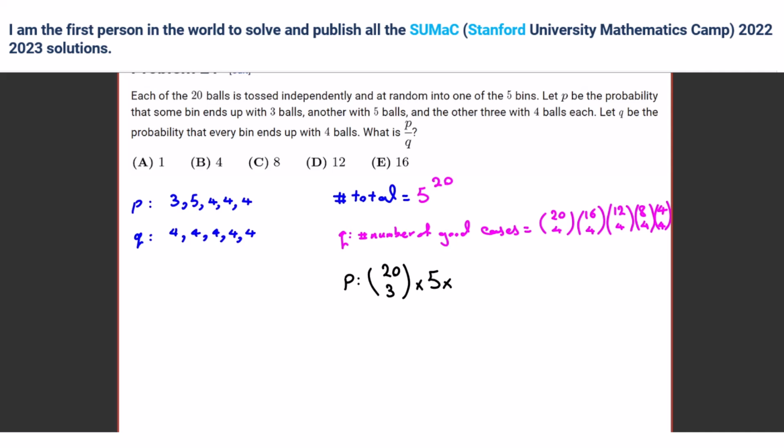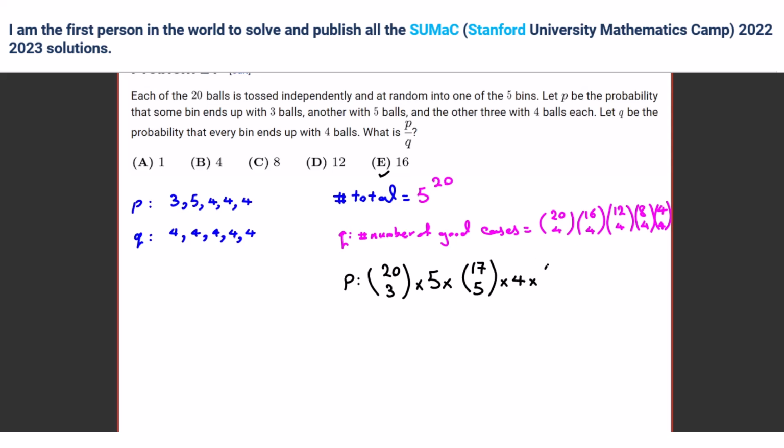Explain P. So 20 choose 3, and then 17 choose 5, and then times 4, because you need to choose one of the 4 remaining bins.